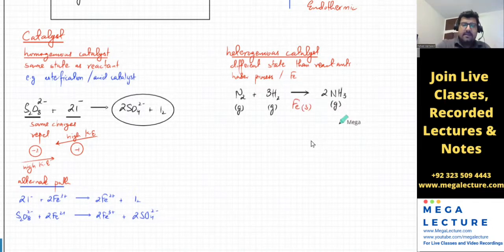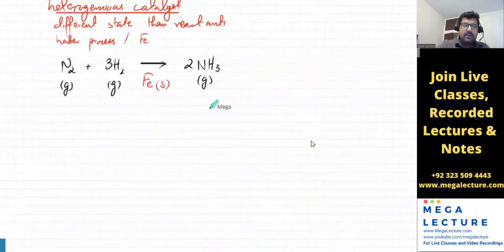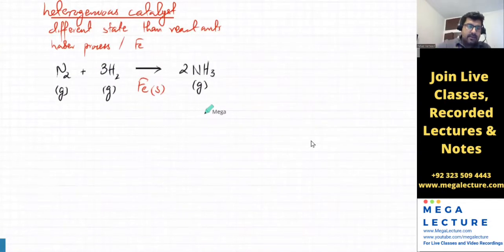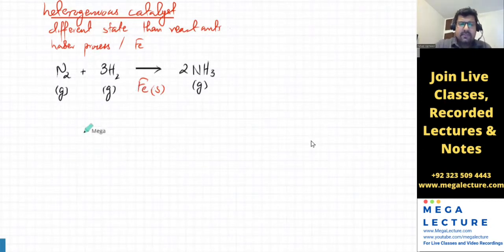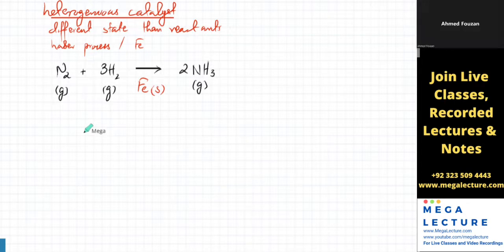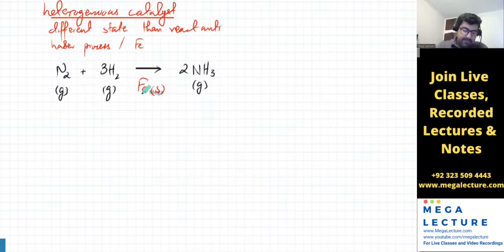So how does this heterogeneous catalyst work? There's another way, which is called adsorption and desorption. What's the reason this reaction has a very high activation energy? Why is it so slow? Nitrogen is inert. The nitrogen triple bond is very strong.